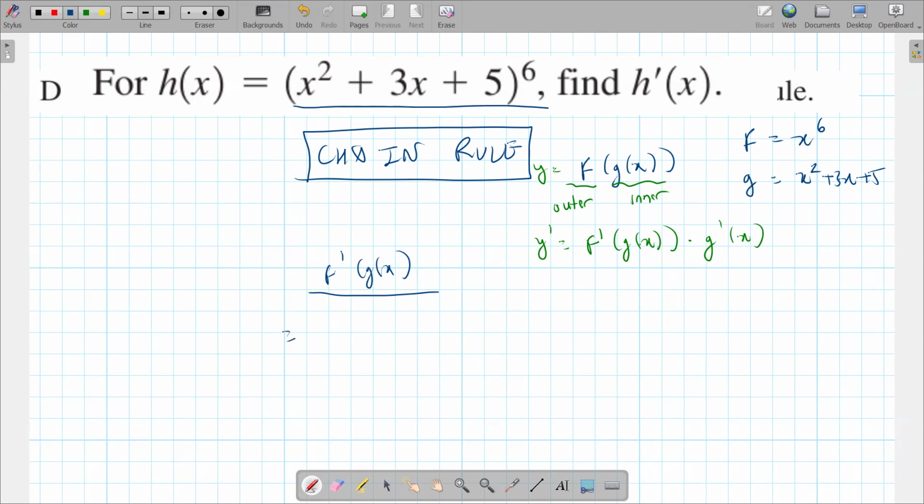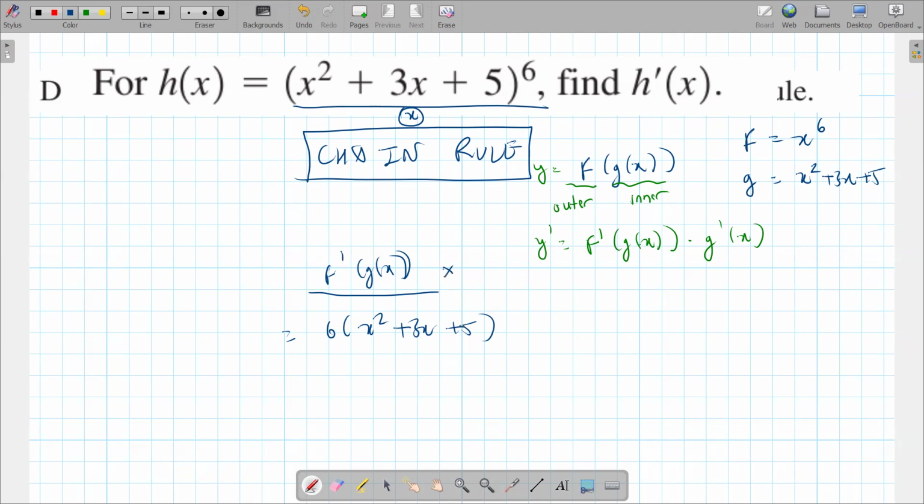So treat this as an x. What's the derivative of x to the 6? You just put a 6 in the front, so it'll be 6 times x squared plus 3x plus 5, to the power 5. So this right now is f prime of g of x. We did not touch g of x. We did not touch the inner function at all.